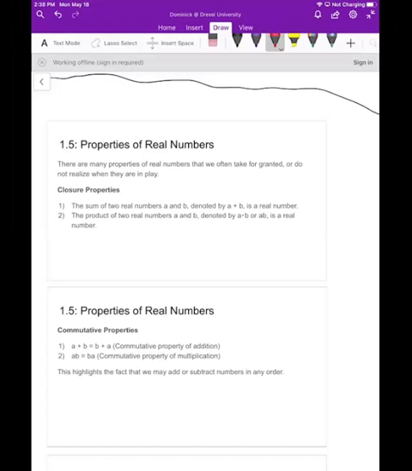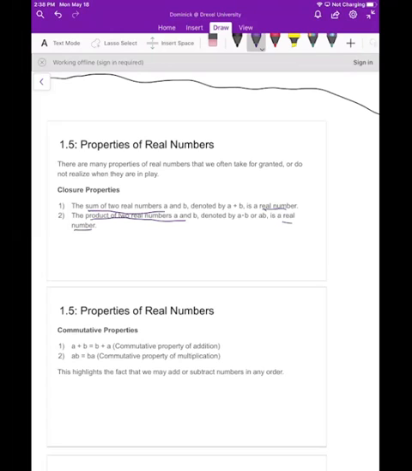Okay, so the first couple are ones that we sort of take for granted, and a lot of times you don't even realize that they're actually occurring. The first property, we're not going to do too much with other than state it: if you take the sum of two real numbers, you also end up with a real number, or if you take the product of two real numbers, that's also a real number, right?